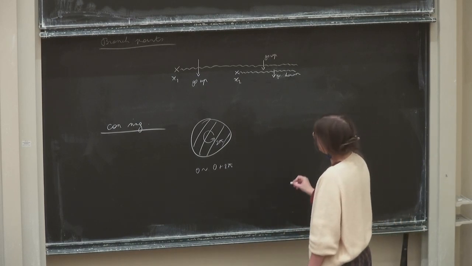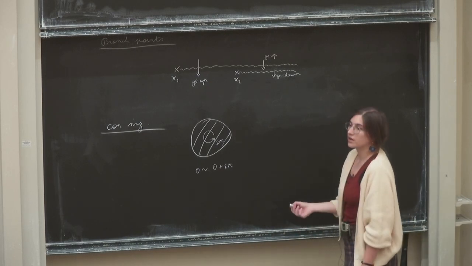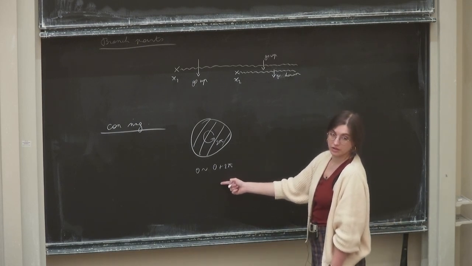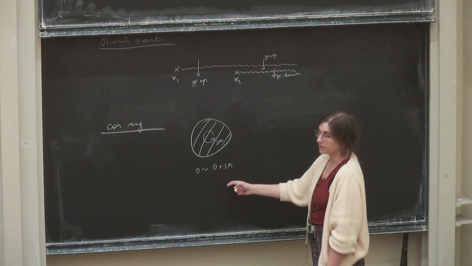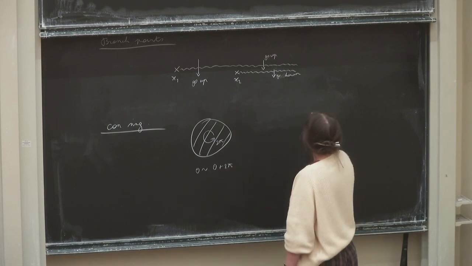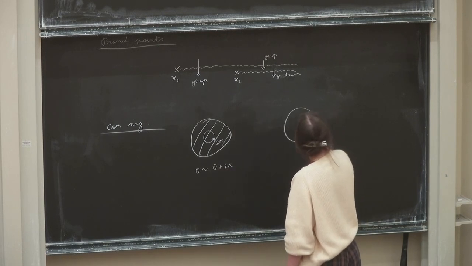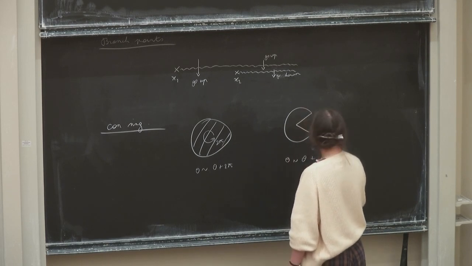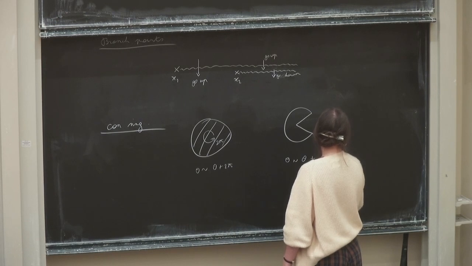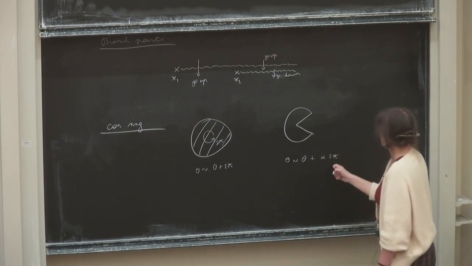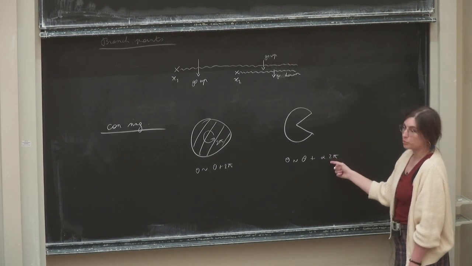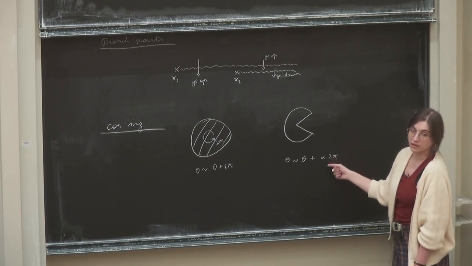Now, if for some reason you want to think of a metric that has a different identification of the angle, you would have, so let's say you want to identify theta with theta plus some factor of 2 pi which is smaller than 2 pi.